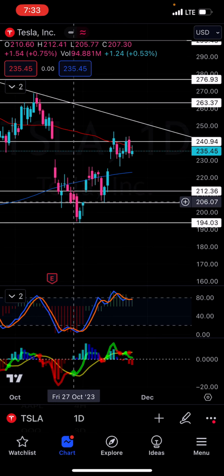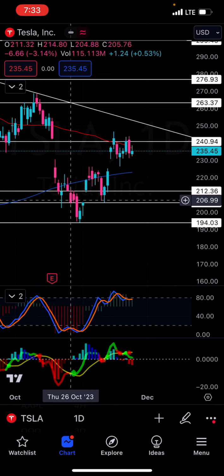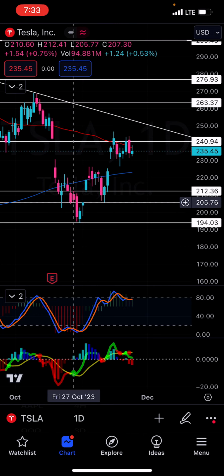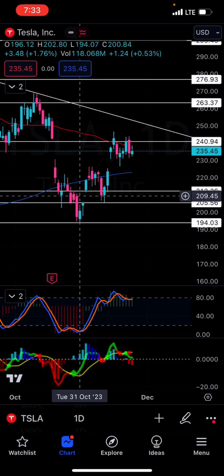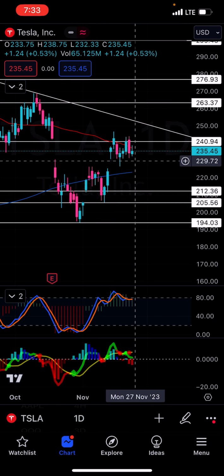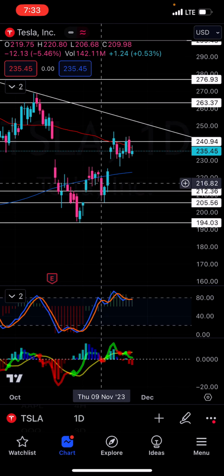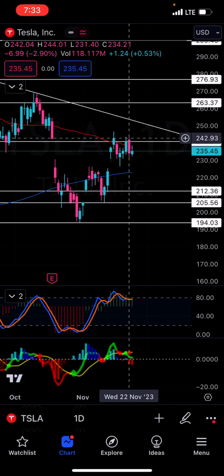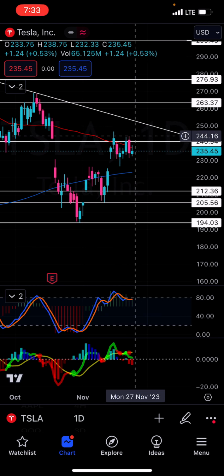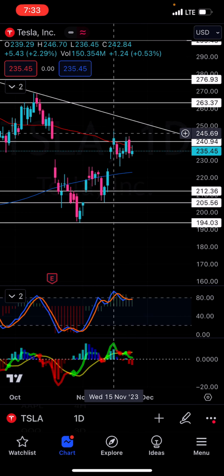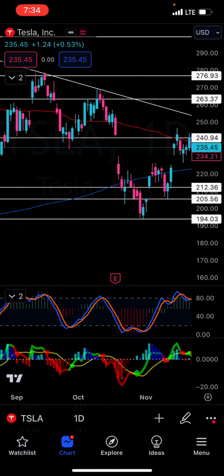So you would have bought right here at the close at 206 for maybe a month out, holding November 27th calls. You would have dropped down pretty hard and then kept rallying towards the upside, and by November 27th you've already hit a really nice target here at this 241, 242 level.